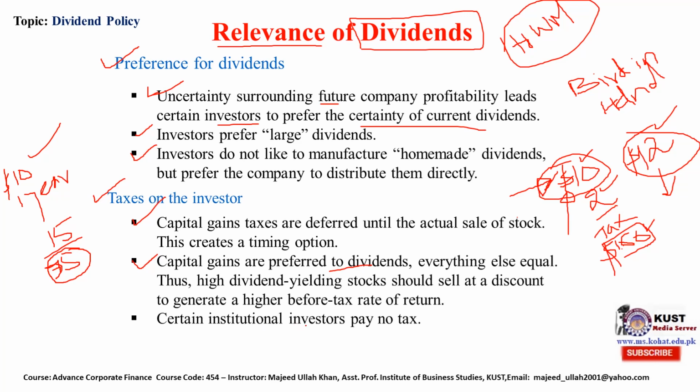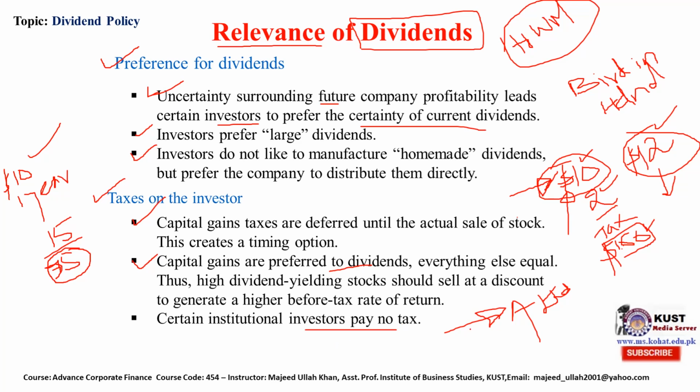Certain institutional investors pay no tax. Sometimes the dividend, for example, in A Limited, a mutual fund or any other fund or any pension fund for whom the tax exemption is available, they will buy a share of A Limited which has a good history in paying dividends.